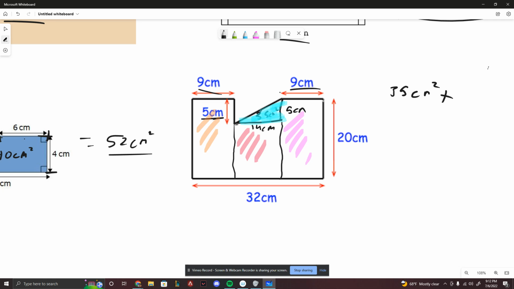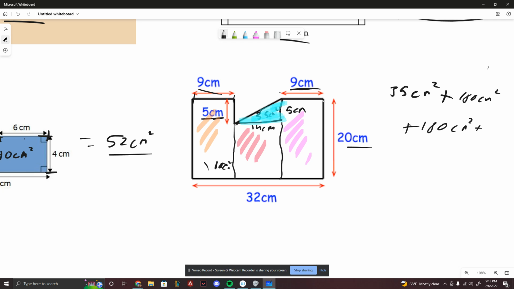For this one, it's simple. We have a 9 centimeter wide by 20 centimeter tall. So that's going to be 180 centimeters squared. So plus 180 centimeters squared. And on this one on the right, we'll mirror that because 9 centimeters wide, 20 centimeters tall. So now plus another 180 centimeters squared.